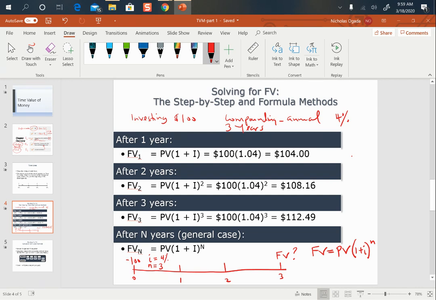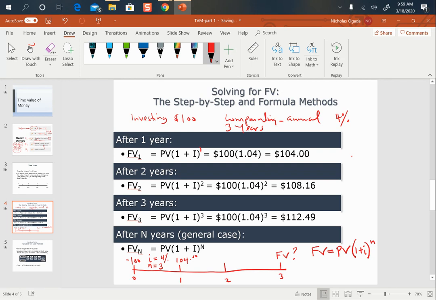You try to determine what $100 grows to at the end of year 1. You'll have the same formula: the future value equals the present value times 1 plus I. Your n is 1, and that will bring you to $104. So at the end of year 1, your amount has grown to 104. Then this investment continues because you don't withdraw the money, so you leave the money in the account.